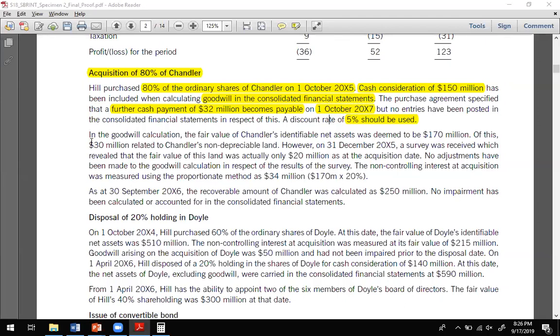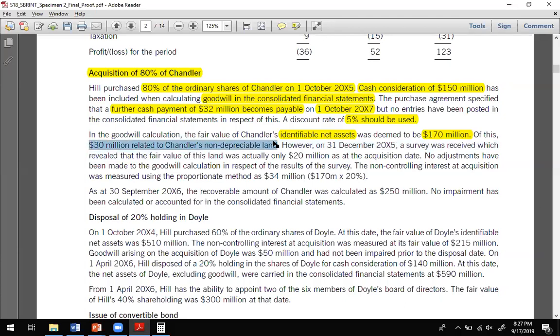Okay, now the second paragraph says that in the goodwill calculation, the fair value of Chandler's identifiable net assets was deemed to be $170 million. So these are the fair value of the net assets. Of this, 30 million relates to Chandler's non-depreciable land.